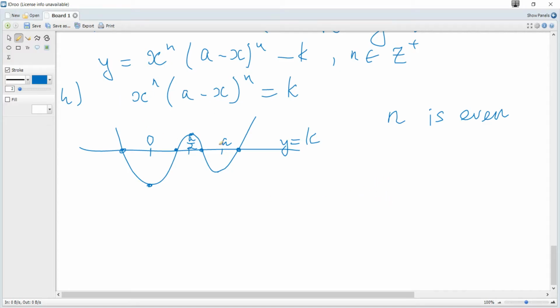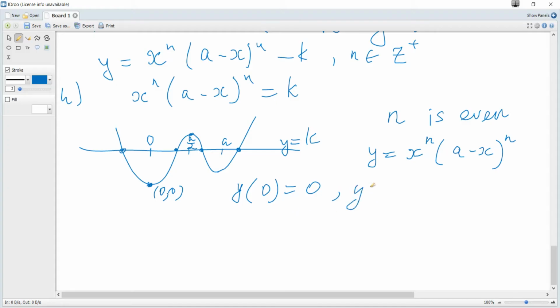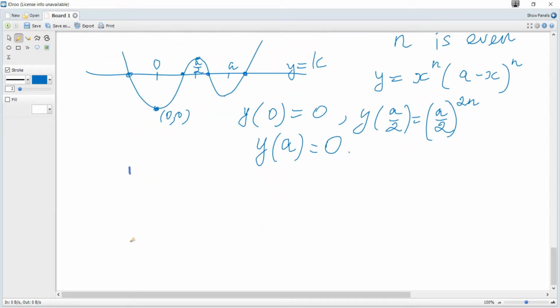And we consider just this function x to the power of n, a minus x to the power of n, and at x is 0, we can see that it's 0, so it's 0, 0, or y coordinate is 0, and y at a over 2 becomes a over 2 to the power of n, a minus a over 2 is a over 2 to the power of n, and it's a over 2 to the power of 2n, and y at a, we can see that it's just 0, and hence we can plot this graph more accurately, and it looks like this.